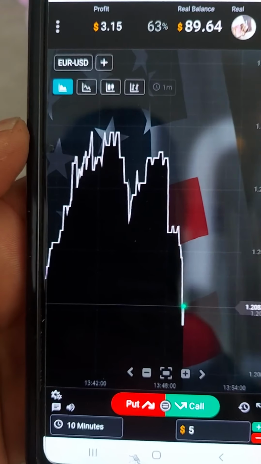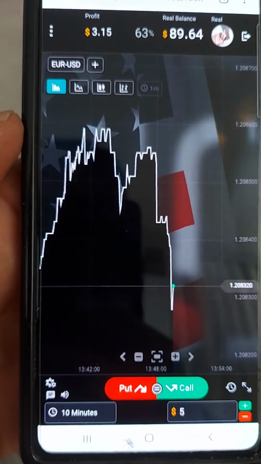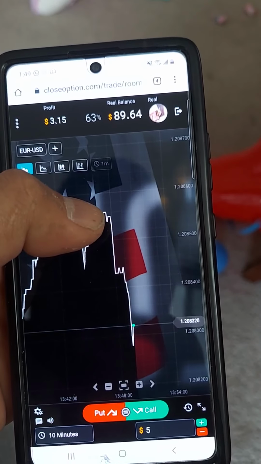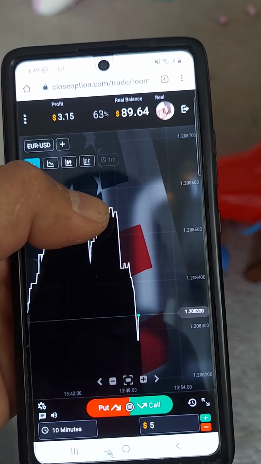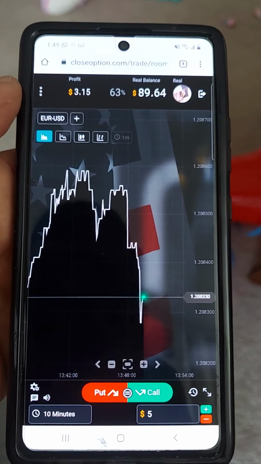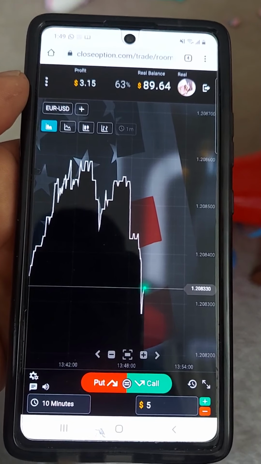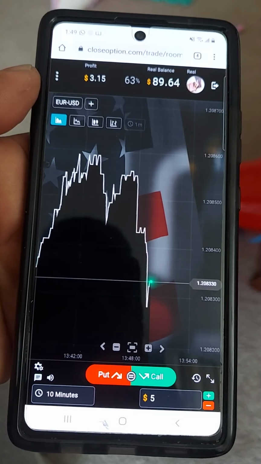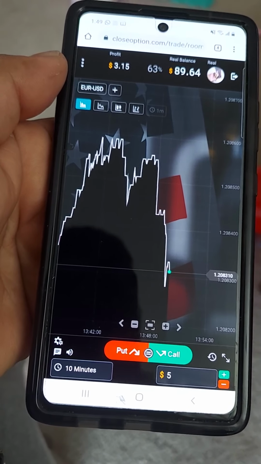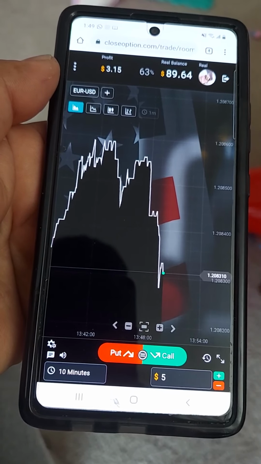It was going to be a dang good trade because, when I told you guys, it was all the way down here. But you guys saw that I pressed the button, and the trade didn't go through. But if you miss one trade, don't jump on it. Wait for another opportunity.